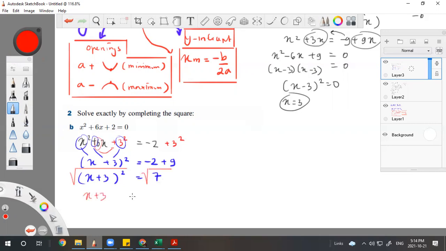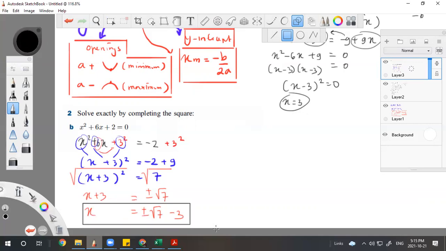So x plus 3 equals, because the square and the square root cancel, you can cross both. So what is square root 7? Plus minus square root 7. So x would be plus minus square root 7 subtract 3. That is your answer. Two answers, right? So first is root 7 minus 3, and second answer negative root 7 minus 3.